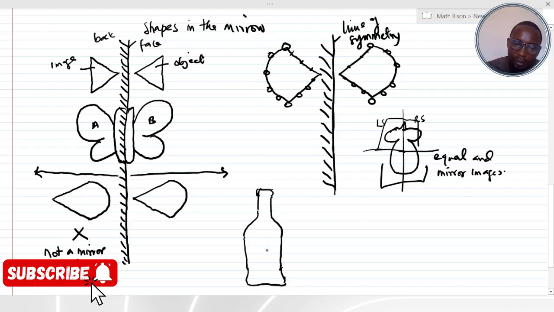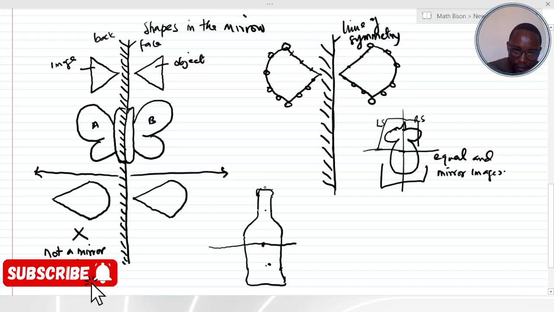It has to be the line which folds this shape into two equal halves that are what? Mirror images. Even though it may seem like you're in the middle, this part is different from this. The upper part is different from this lower part. They cannot fold to form mirror images of each other.